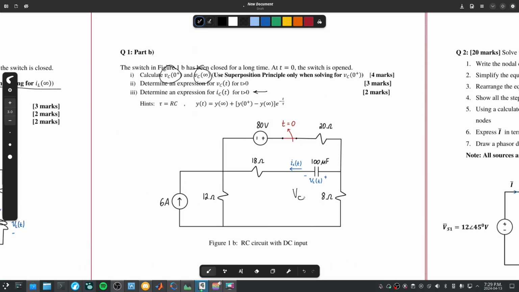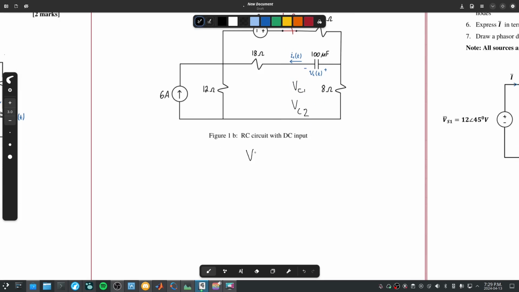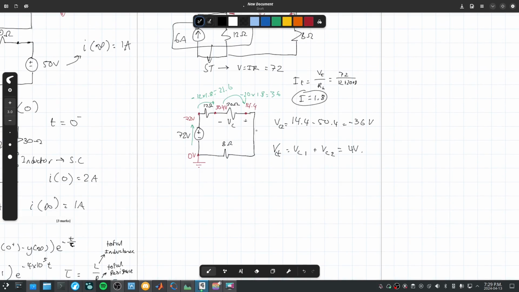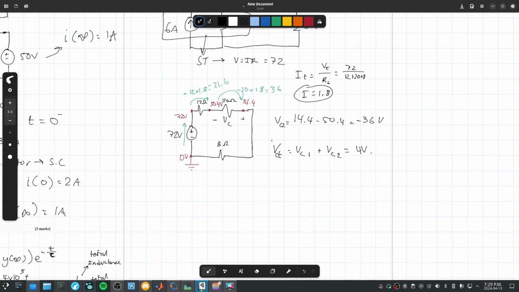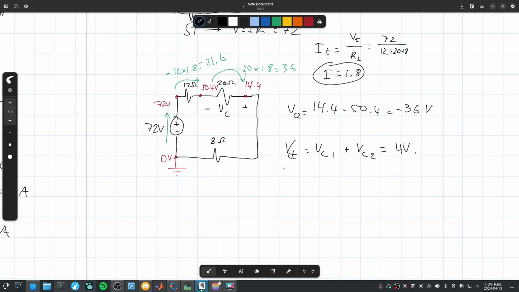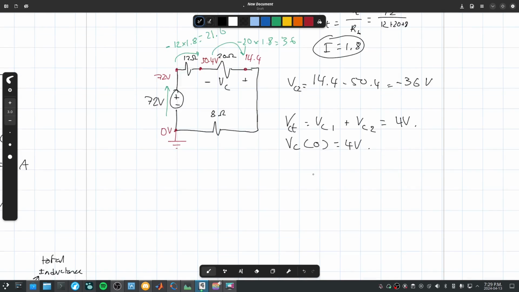The superposition rule is that the total VC, you can just add them together. So you just do one source at a time and you add them. That's it. So the final voltage is 4 volts. VC at time 0 is equal to 4 volts.